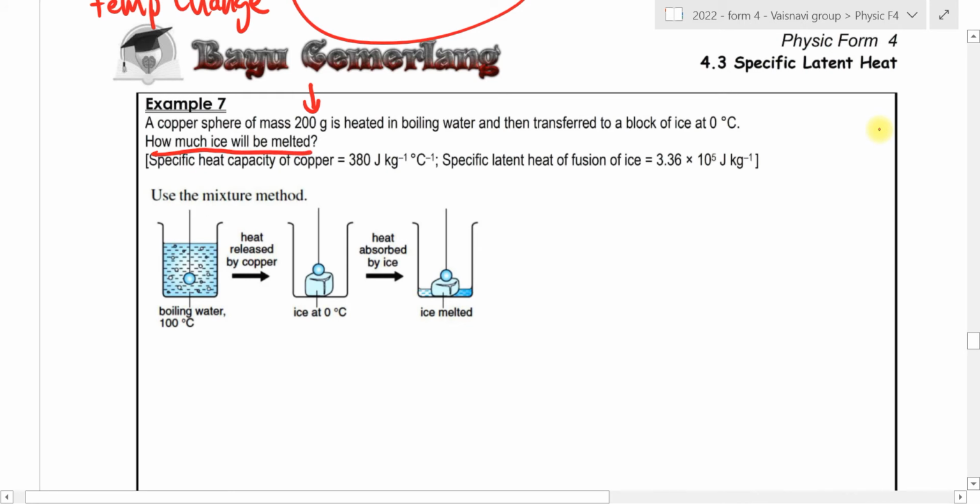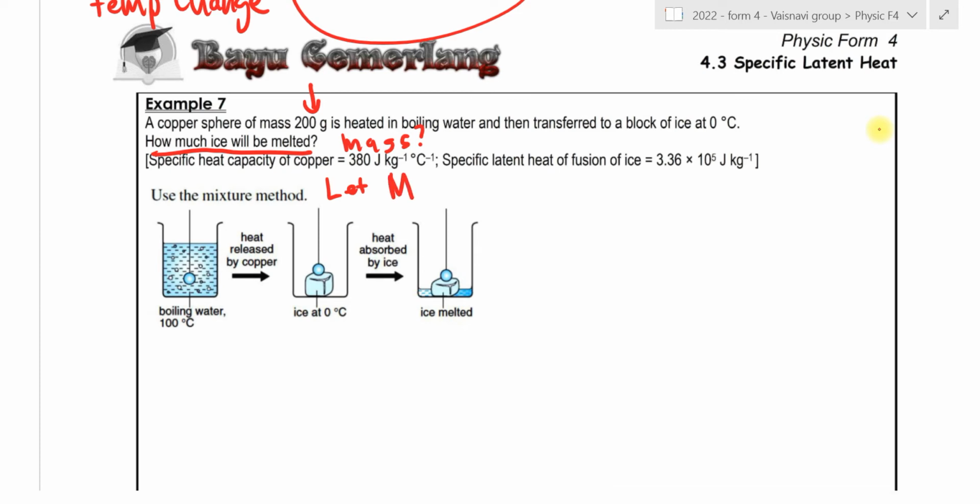How much ice will be melted? Actually, they're asking the mass. So let me put a big letter M. Let M be the mass of ice melted.